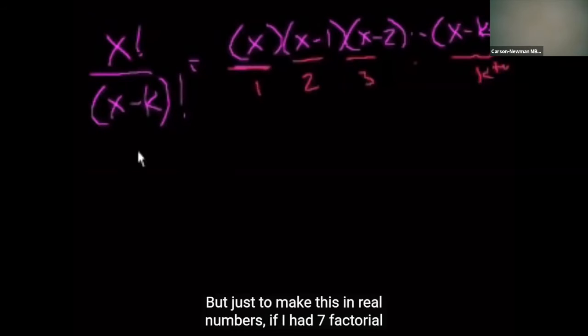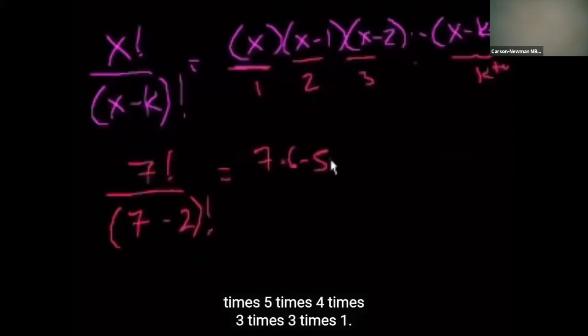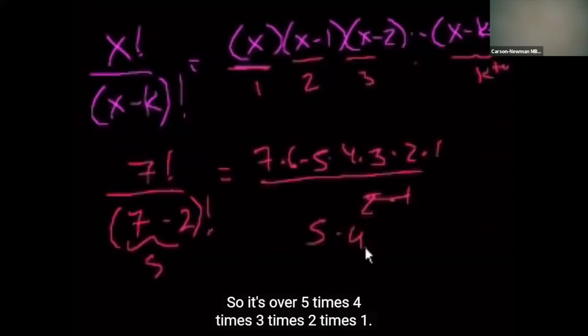But just to make this in real numbers, if I had 7 factorial over 7 minus 2 factorial, that's equal to 7 times 6 times 5 times 4 times 3 times 2 times 1 over, sorry, 7 minus 2 is 5, so it's over 5 times 4 times 3 times 2 times 1.